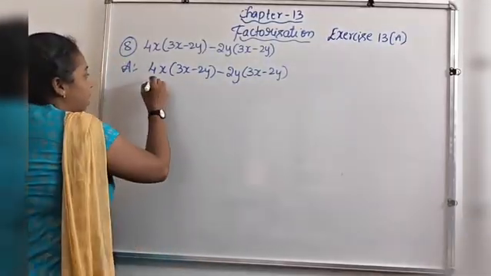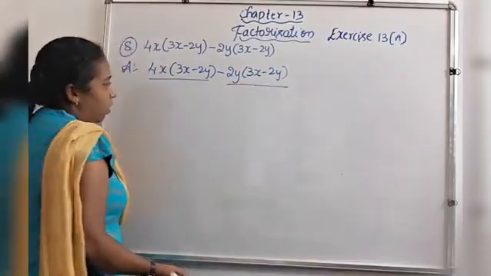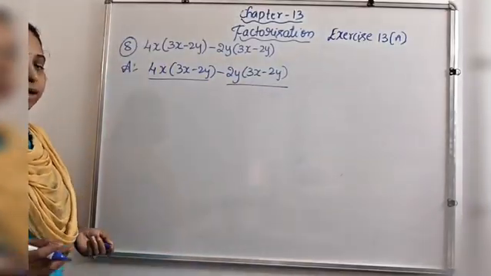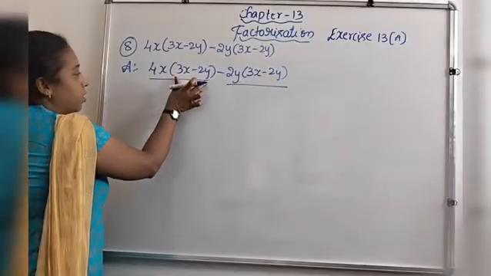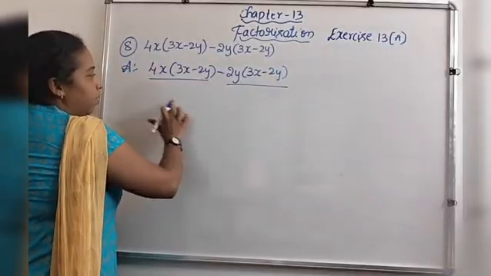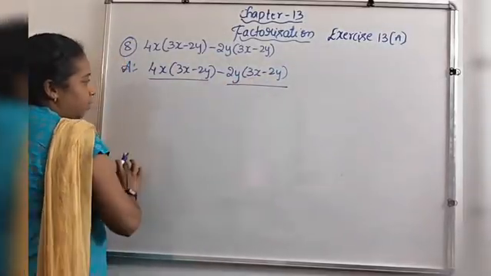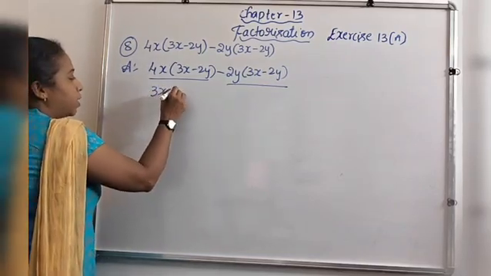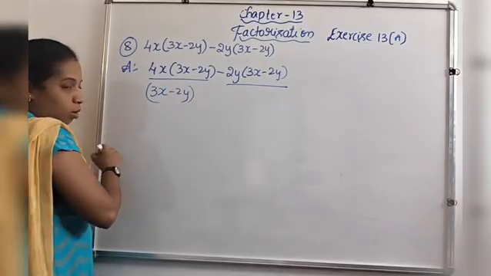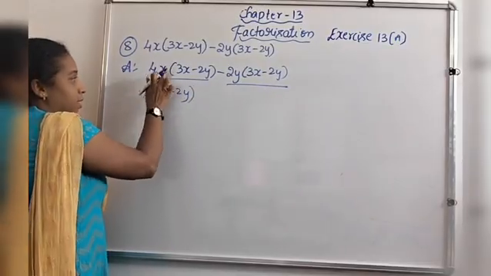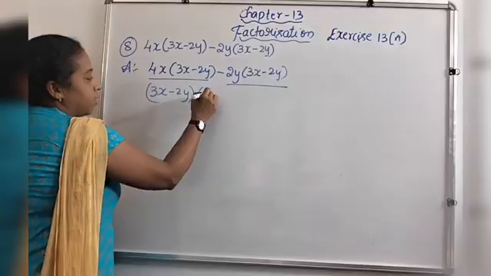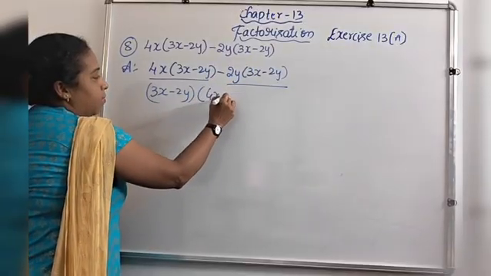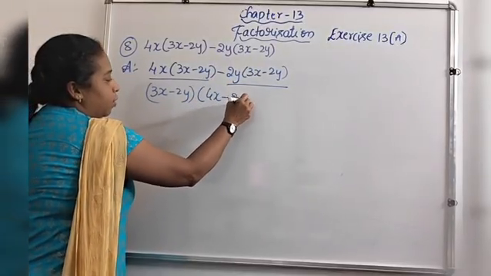Obviously there are two terms, and 3x minus 2y is a common factor. If I take out 3x minus 2y as a common, remaining is here 4x, minus, then here 2y.